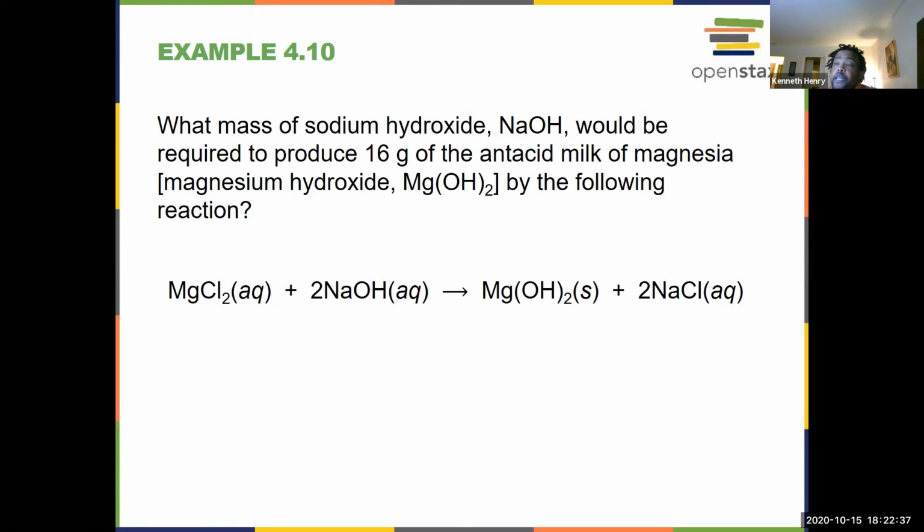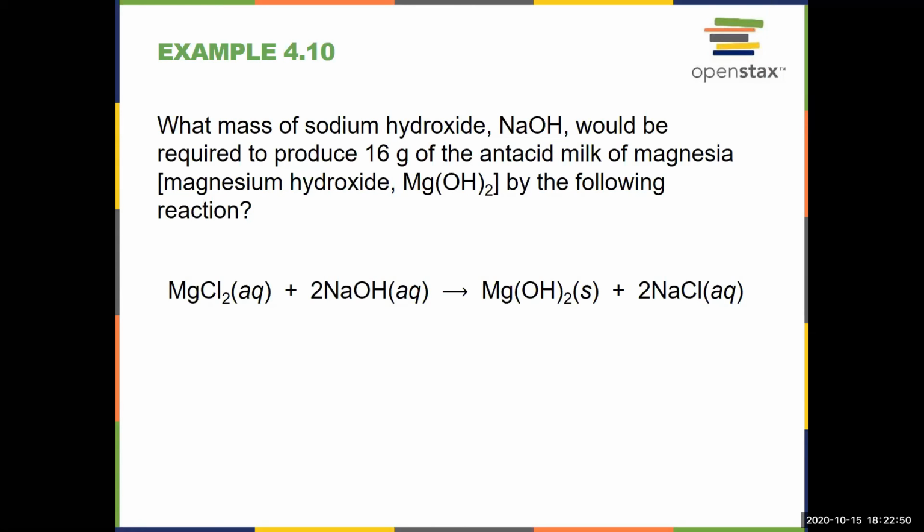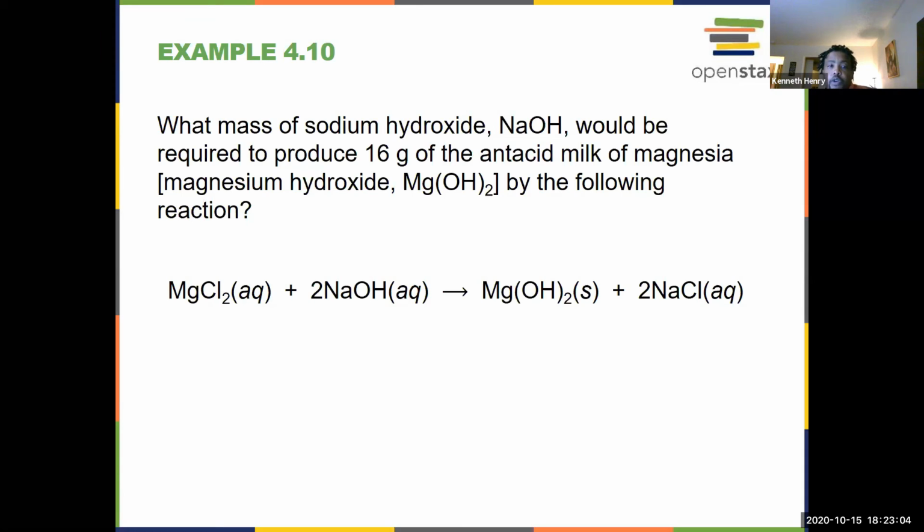Okay, so what am I going to do in this situation? I'm given grams. Convert first the grams to moles. So I want to go to moles because moles is quantity, right? Grams is mass. So we want to go to our quantity so we can use the relationship of the chemical equation, right? So we can use those ratios.